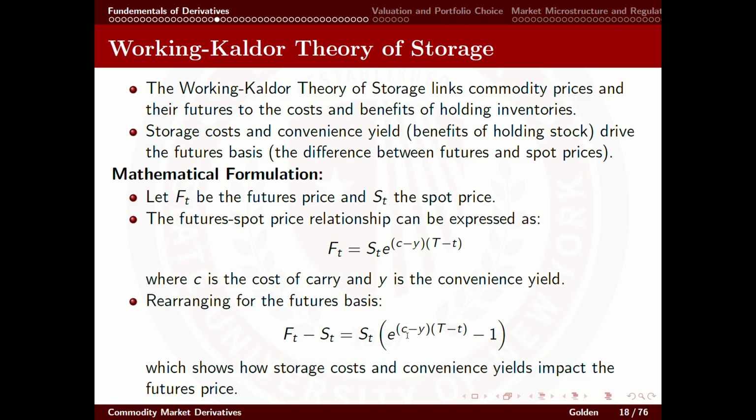So if storage costs go up, you would expect this term to go up, and you would expect the basis to increase. If storage costs go down, you expect the basis to decrease. So if you see a positive basis, normal is because of high storage cost.